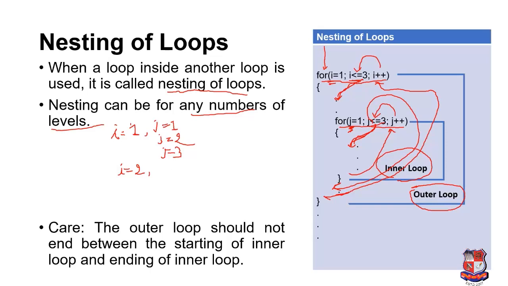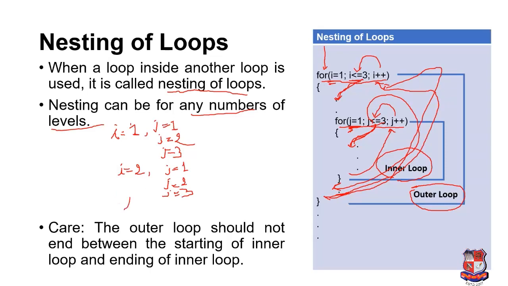Now control passes to the inner loop, and the control variable j is initialized with j equals 1. The same thing is done for j equals 2 and j equals 3. After that, control again goes to incrementing the value of i.